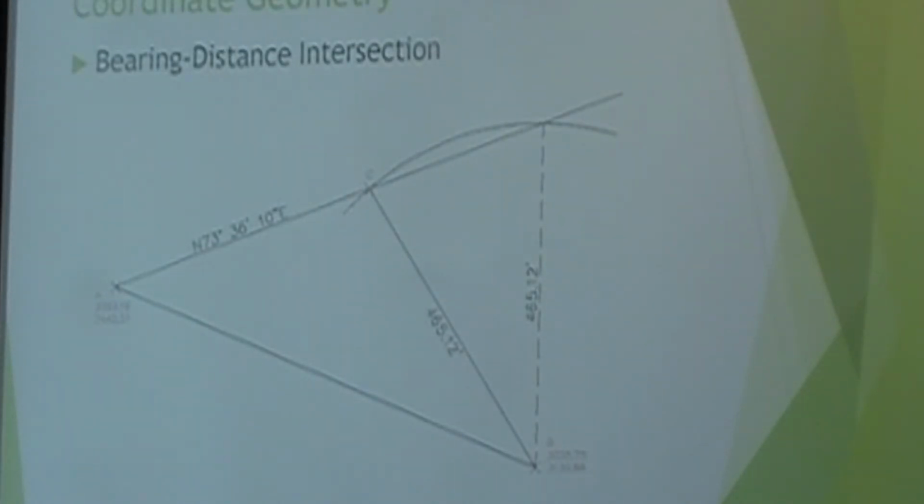So if we look at this picture, you'll notice we have coordinates A and B given. Well, that's the line that's fixed. And then we have a bearing from A of north 73 36 10 east. Now what you're clearly seeing, hopefully, is that at point B is where my arc is occurring.